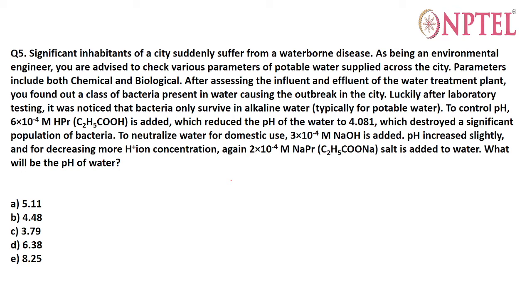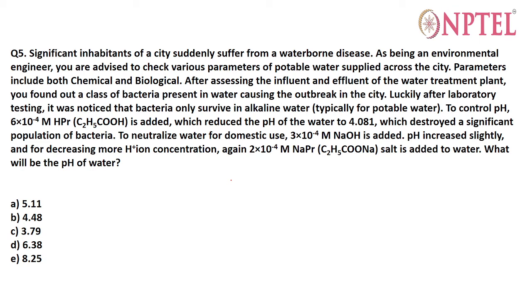So, to control this pH, 6 into 10 to the power minus 4 molar HPr, propionic acid, is added, which reduced the pH of the water to 4.081, and that destroyed the significant population of bacteria. Now you have to neutralize this water for domestic purpose.